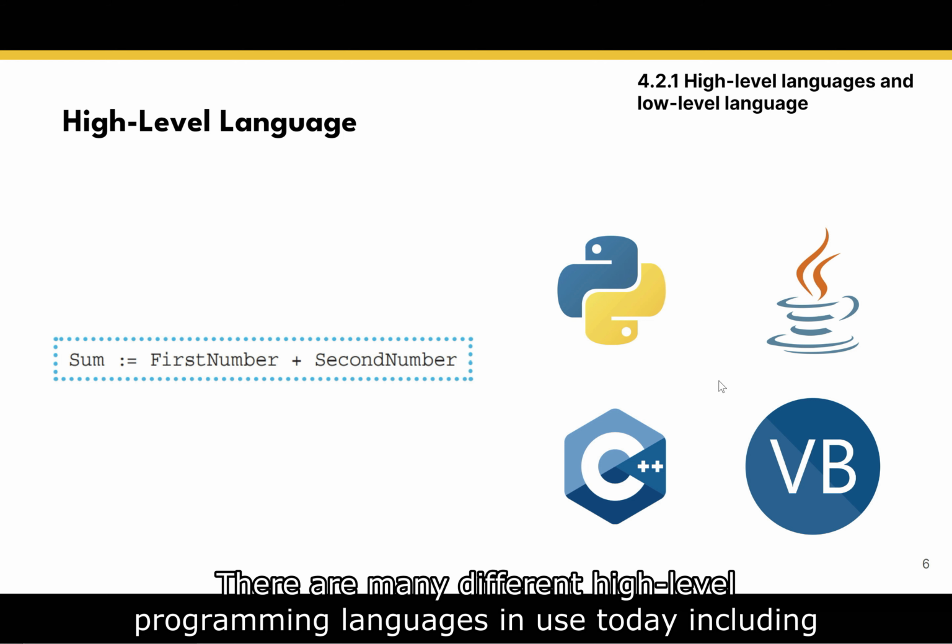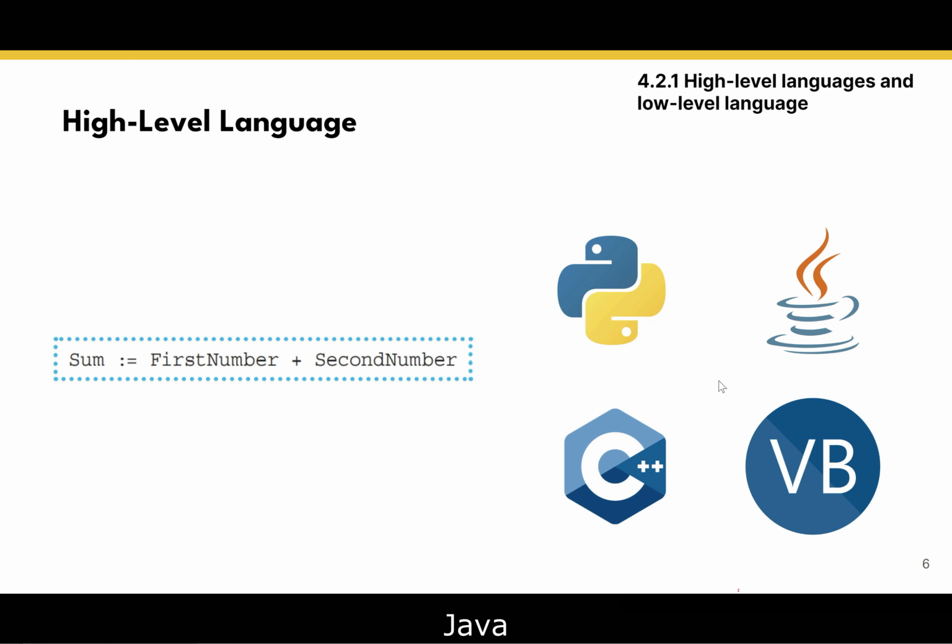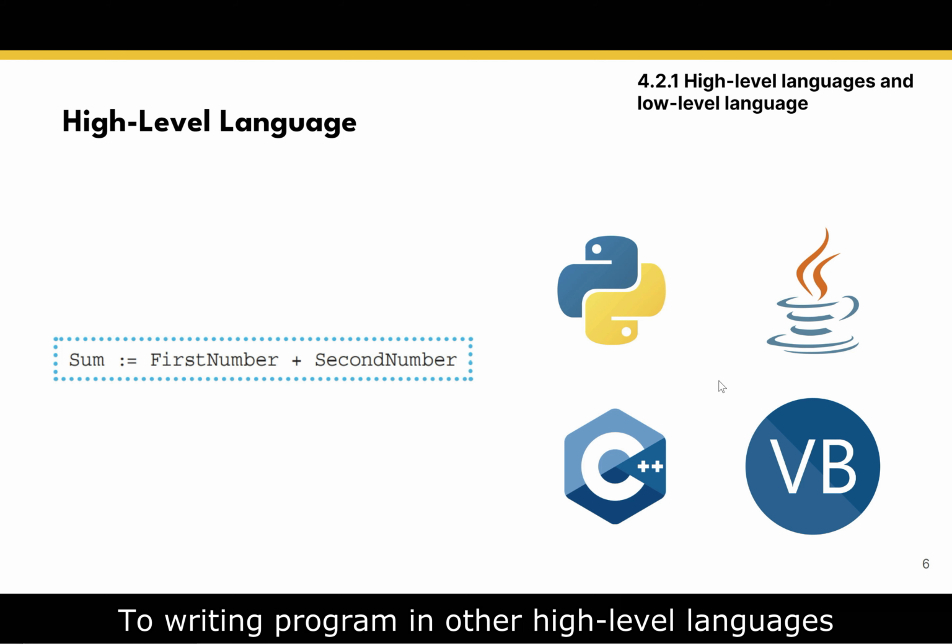There are many different high-level programming languages in use today, including C++, Java, Python, Visual Basic, and many more. Once a programmer has learned the techniques of programming in any high-level language, these can be transferred to writing programs in other high-level languages.